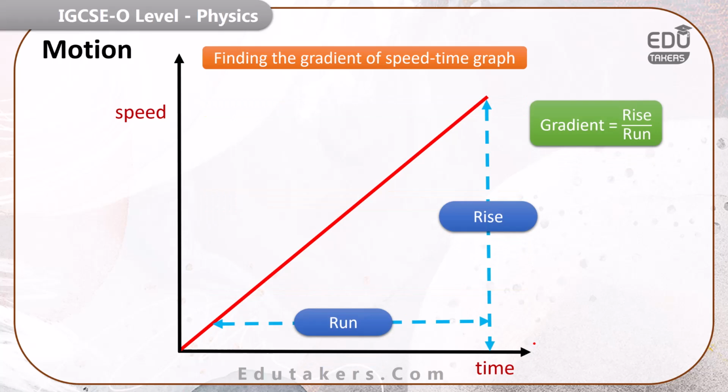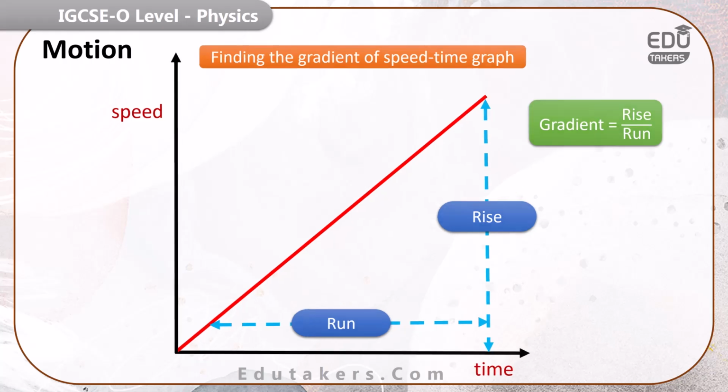When the body is moving along the speed axis, I label it rise. But when the body is moving along the x-axis, it is labeled run. So you just need to divide rise by run in order to find the gradient. And this gradient of the speed time graph basically gives you the acceleration values.